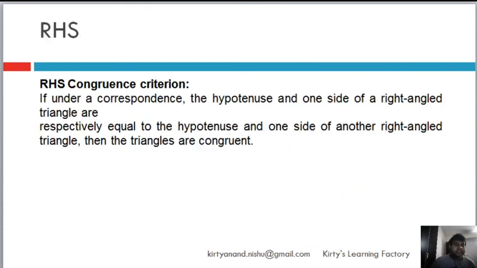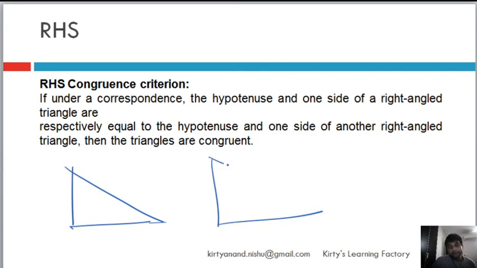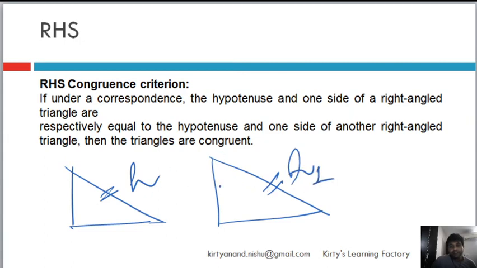Okay, now let's get into right hand triangle congruence, which basically says that in two right angle triangles, if the hypotenuse, this is H1, so these two are equal, and one side of the right angled triangle is equal to the other, so either perpendicular or base is equal to either perpendicular or base of the other one, and hypotenuse is equal, then triangles are congruent.